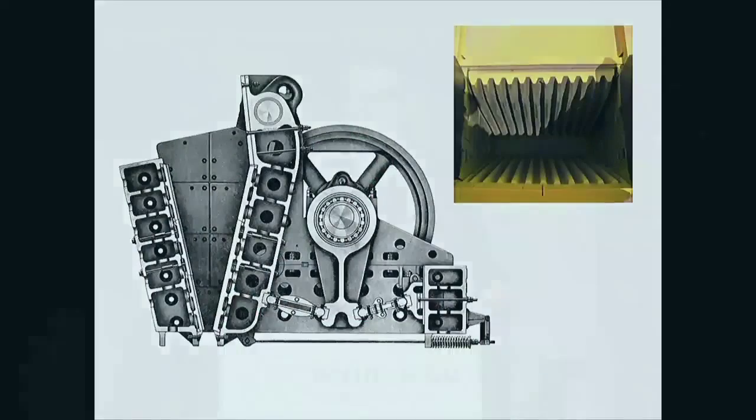Now, we see some parallel between that figure of Kronos and this machine. Do you know what this is? It's called a jaw crusher. It's a machine that's used to crush inert building materials and transform them into rubble. It's two elements that vibrate and crush.